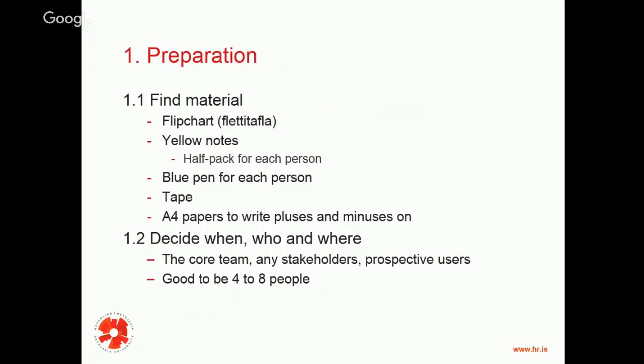They say, okay, you have to find a flip chart. You have to have some yellow notes, one blue pen for each person, and tape, and paper to write pluses and minuses. Then you have to decide when, who, and where. And it's good to be 4 to 8 people.